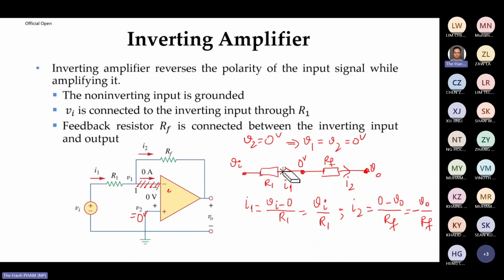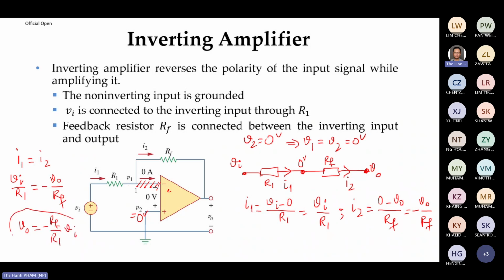Now I1 flows in, I2 flows out, so I1 must be the same as I2. So Vi over R1 should be the same as minus V out over Rf. Then your V out is minus Rf over R1 times Vi.